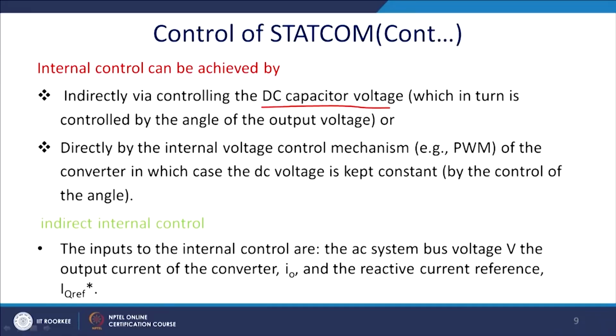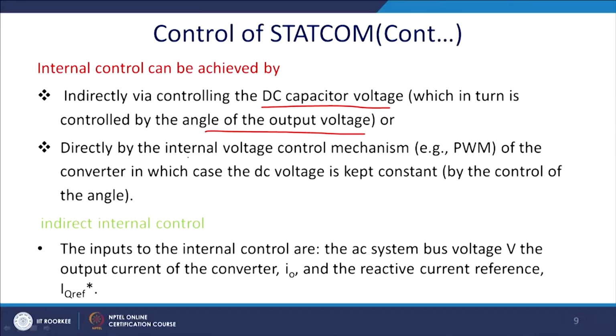Internal control can be achieved in the following way. Indirectly, by controlling the DC capacitor voltage. You can change the DC capacitor voltage, but generally the DC capacitor voltage cannot be changed very fast because of its inertia, and thus in turn it is controlled by the angle of the output voltage.